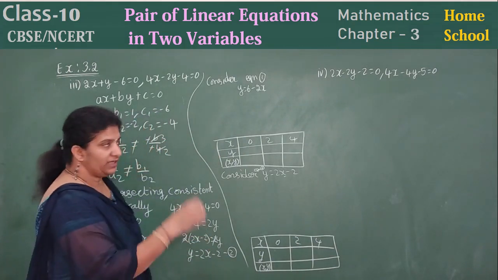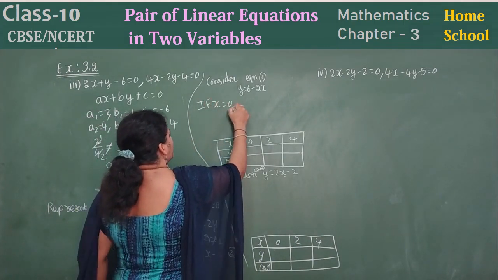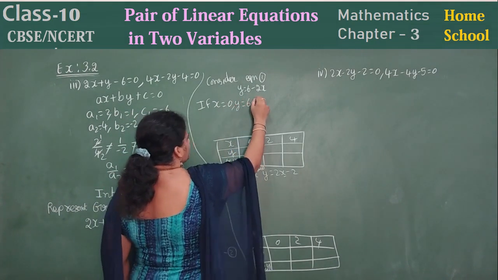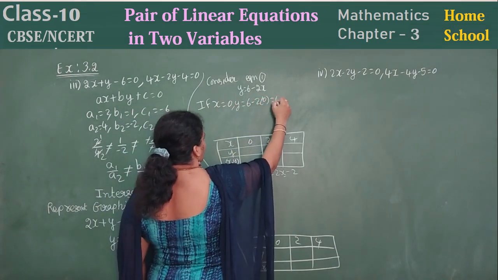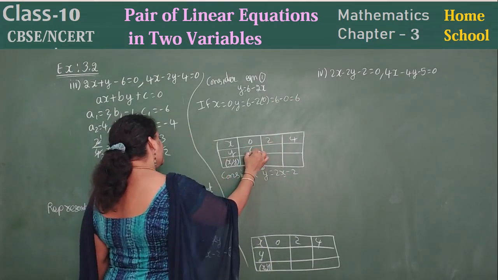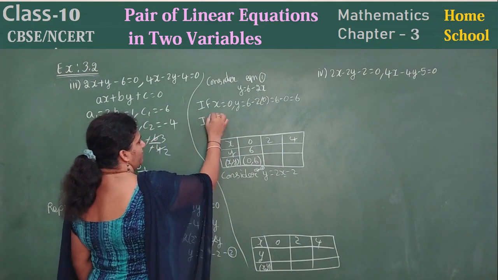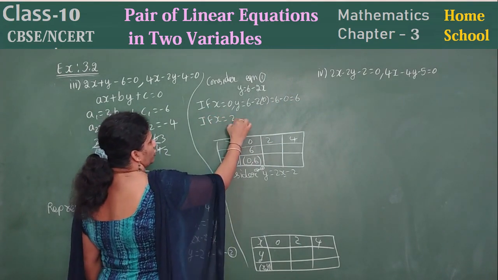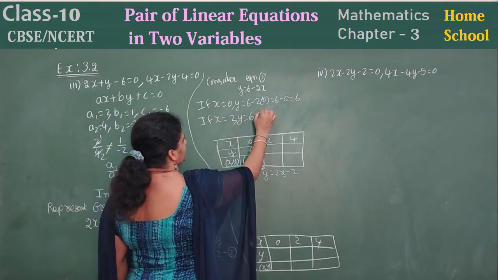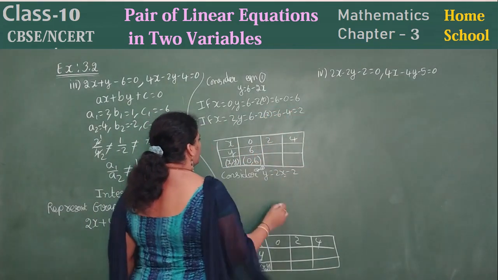Okay, let's start here. If x is equal to 0, y is equal to 6 minus 2 into 0, that will be 6 minus 0, which is 6. So write here, coordinate is 0, 6. If x is equal to 2, y is equal to 6 minus 2 into 2, that will be 6 minus 4 equal to 2.